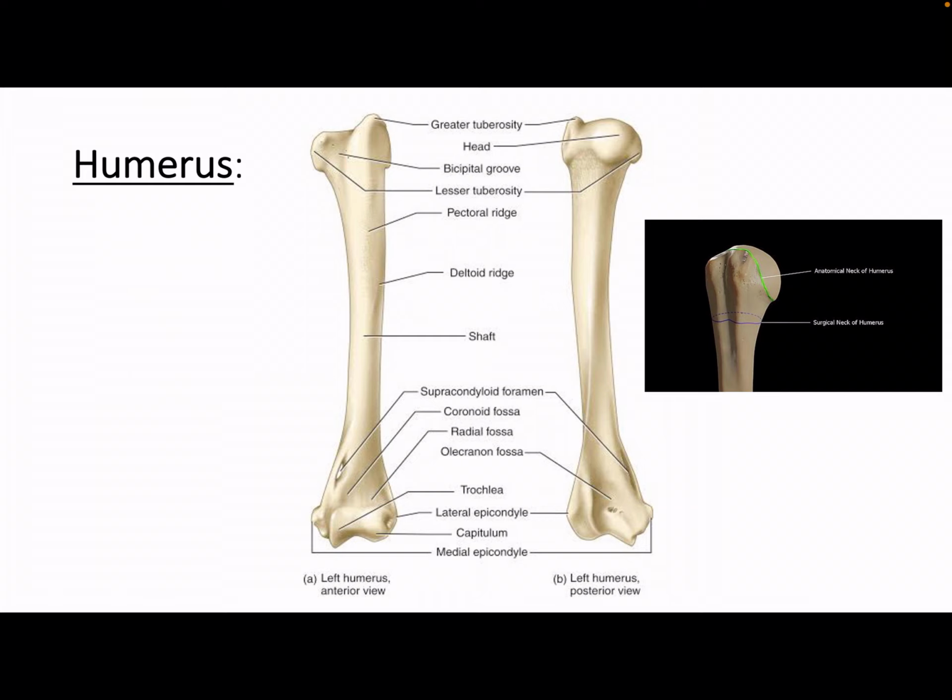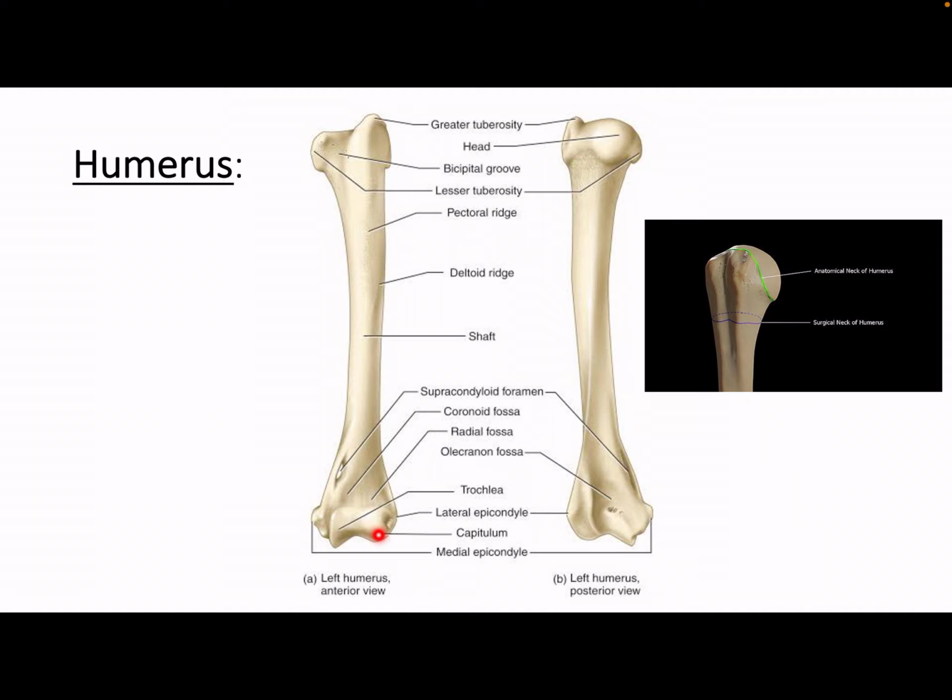It has different landmarks. This is the anterior view of the humerus, and this is the posterior view. This is the greater tuberosity, this is the lesser tuberosity, this is the surgical neck, this is the shaft. Then there is the medial epicondyle, the lateral epicondyle, the trochlea, and the capitulum.